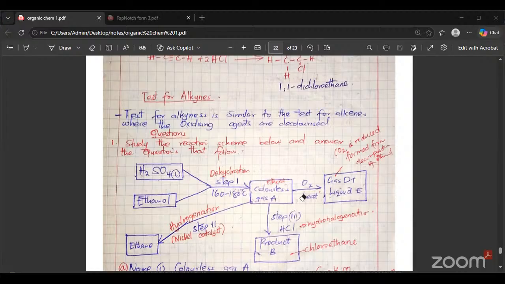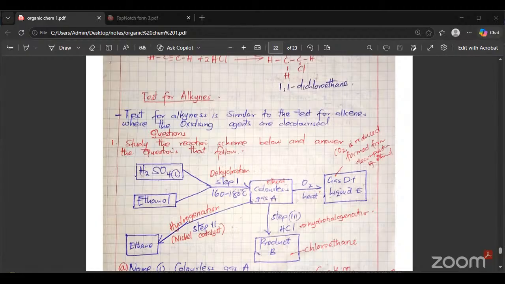That is hydrohalogenation. And then from that gas again, in step 2, we add hydrogen with a nickel catalyst, and we get ethane, that is hydrogenation, adding hydrogen. So if you understand, you can answer all the questions here before you even reach the answer sheet. It becomes easy, you just answer.